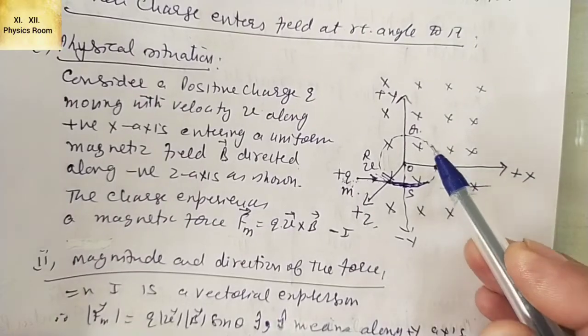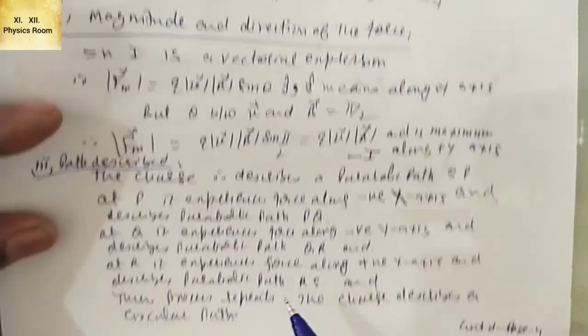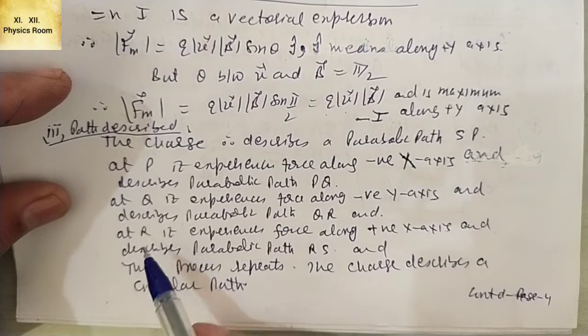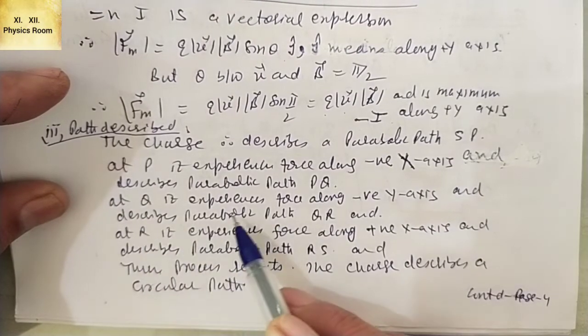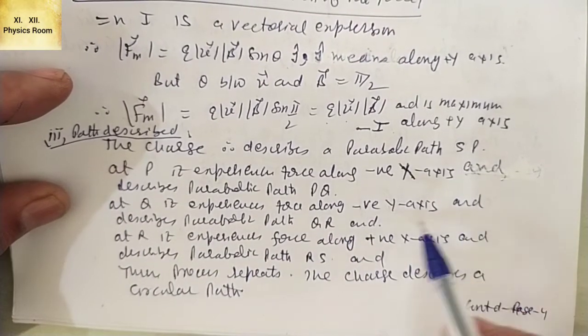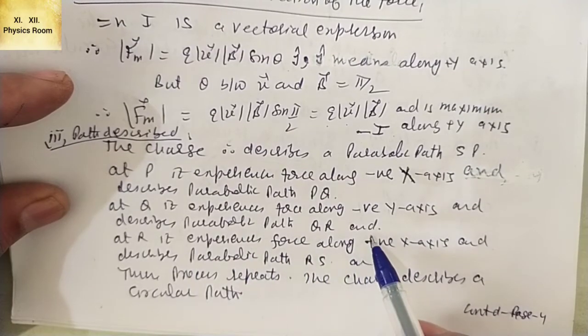Now at Q, it experiences a force along negative y-axis and describes the parabolic path QR.